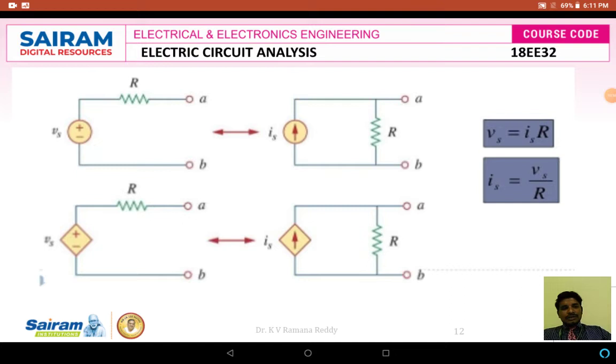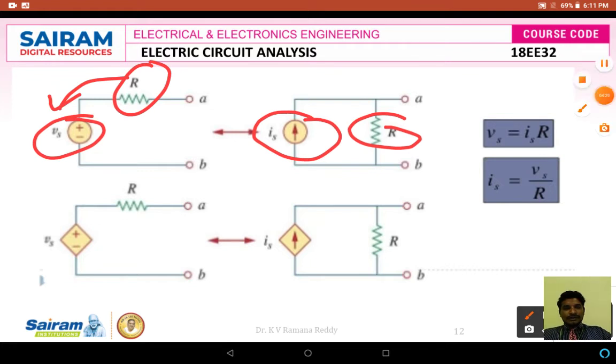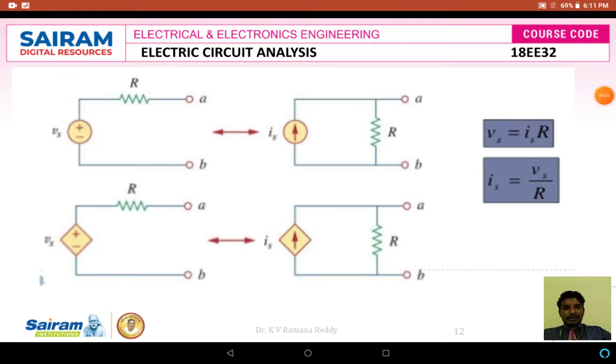In the current source, the internal resistance is connected in parallel across Is, but in the voltage source the internal resistance R is connected in series with the voltage source Vs. This is the only difference in shifting a voltage source into a current source and a current source into a voltage source.